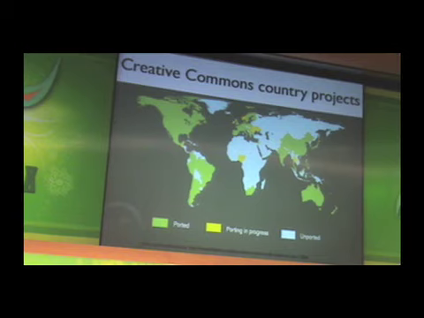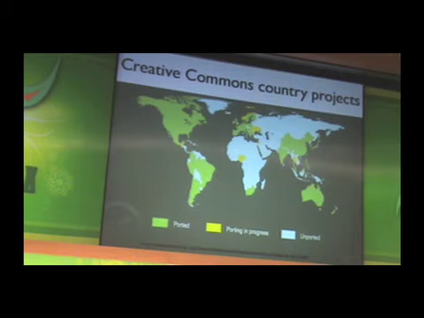But again, the problem that Creative Commons in particular is trying to solve is really reflective of internet use in those countries. So here we have the blue parts of the world, which are still unported.